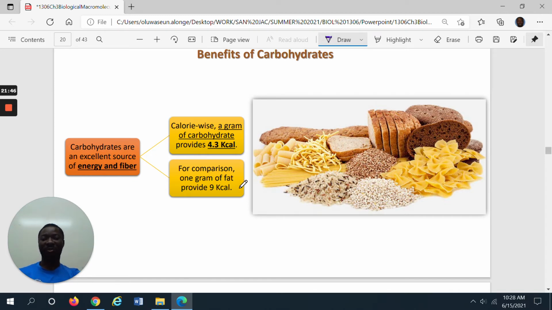Not 2.5%, that would be 250% more, right? So if carbohydrate gives you 1 kilocalorie, fat should give you about 2.5 kilocalories thereabout. So it gives you like 2.5 times more.